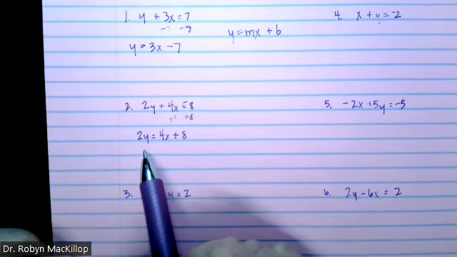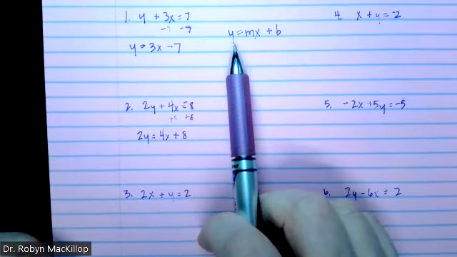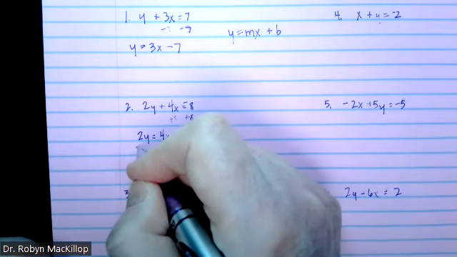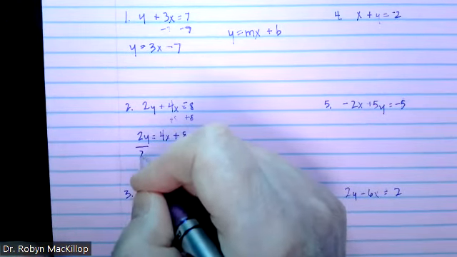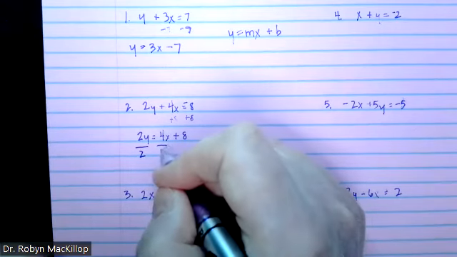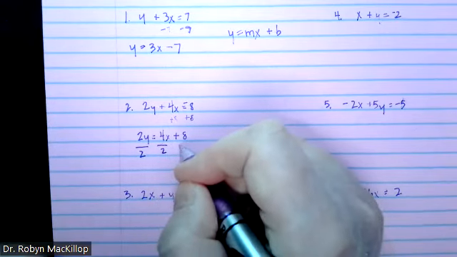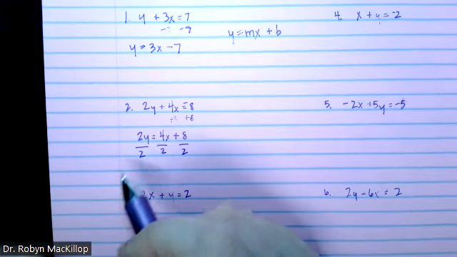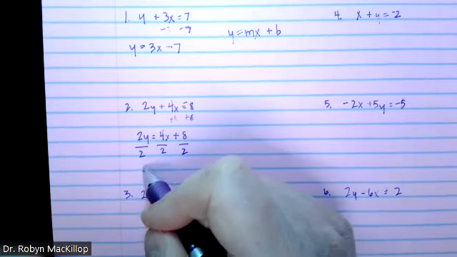Anytime you've got a number with the y, you have to get rid of that number because you want it to look like that. So we are going to divide out the 2, but that means we're dividing out the 2 on all the other numbers. What we do on one side, we do on the other. So 2y divided by 2 is y.